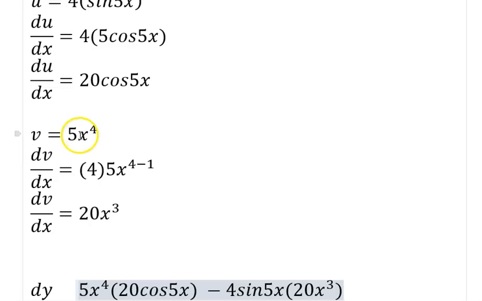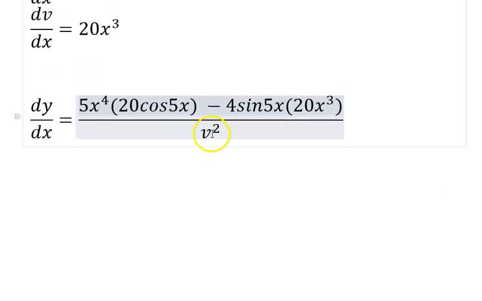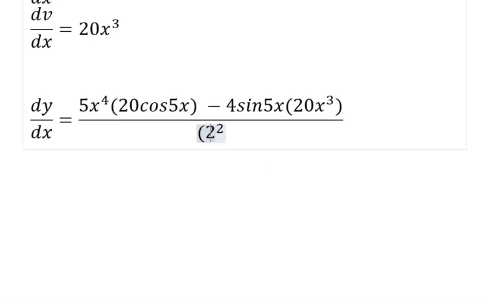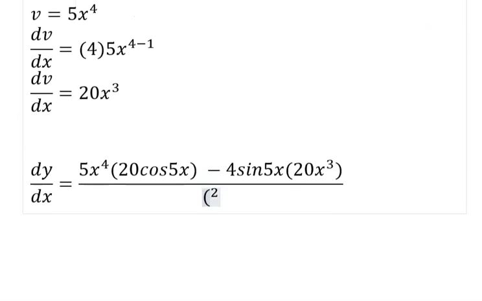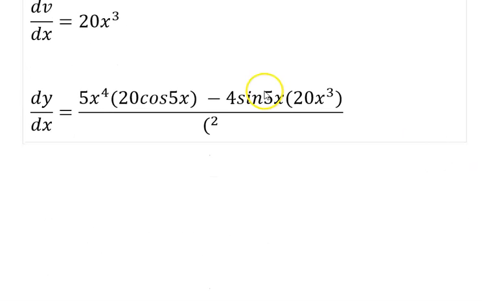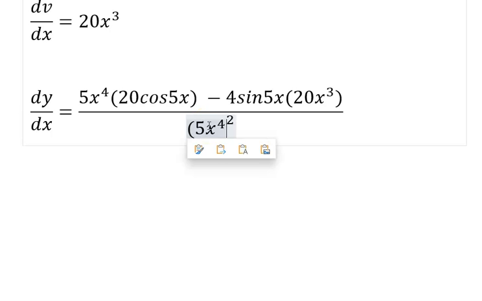So we just insert our v here and put the square.